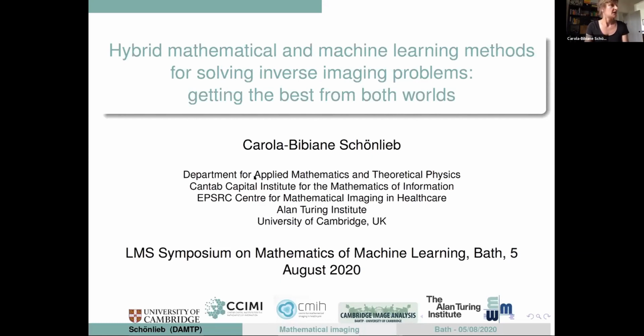Okay, so modern mathematical imaging is really all about combining mathematical modeling, analysis, with data-driven components coming from machine learning to solve inverse imaging problems, image analysis, image processing problems.